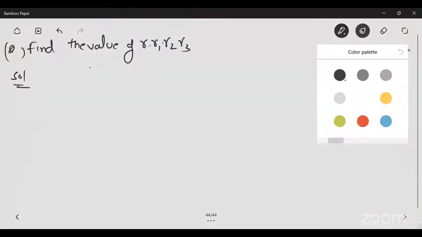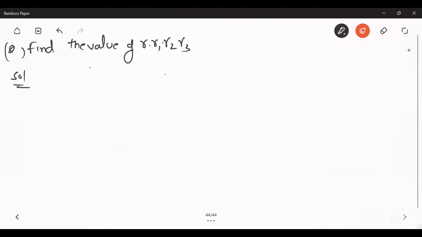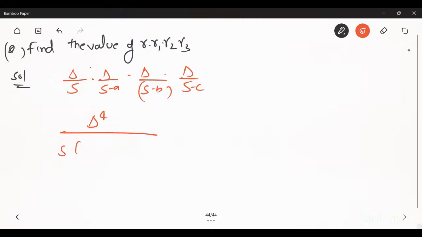So we know that r is equal to delta upon S, r1 is equal to delta upon S minus A, r2 is equal to delta upon S minus B, and r3 is delta upon S minus C. Now if you take common, delta to the power 4 upon S, S minus A, S minus B, S minus C. That is the value of delta square. So delta 4 upon delta square is equal to delta square.